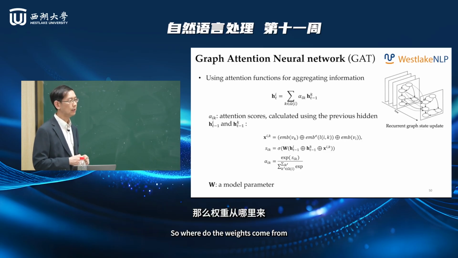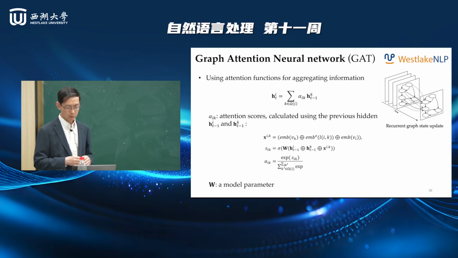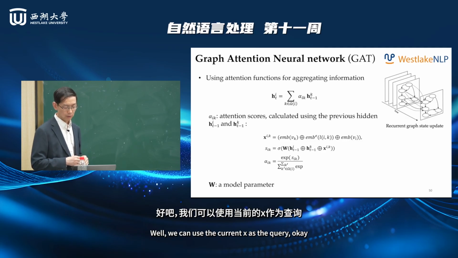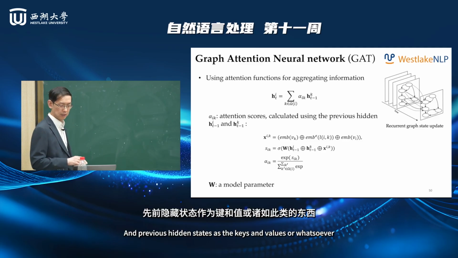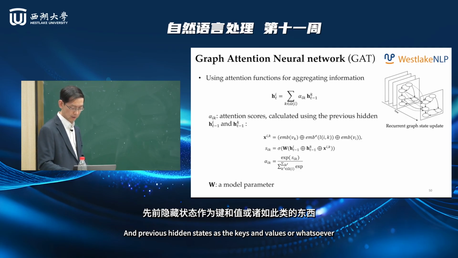So where do the weights come from? Well, we can use the current x as the query, okay? And the previous hidden states as the keys and values. Or whatsoever.